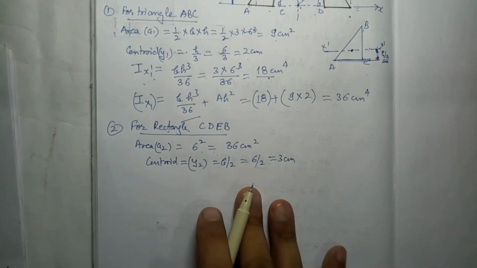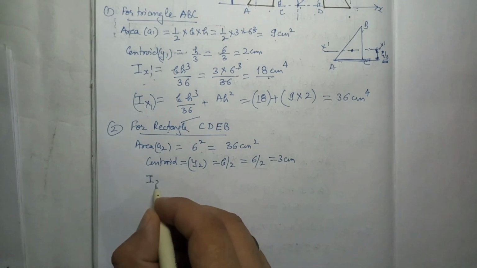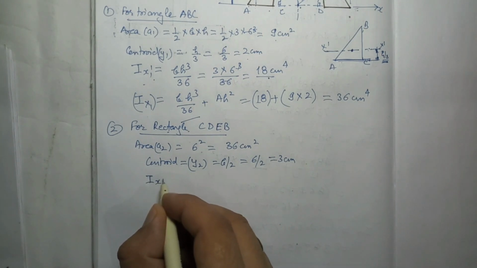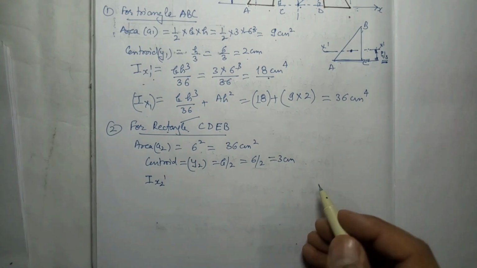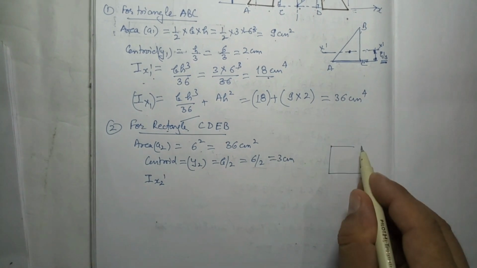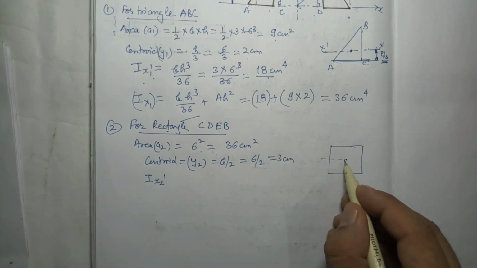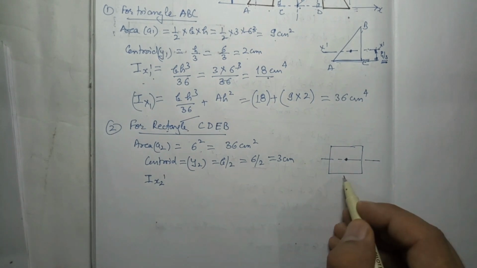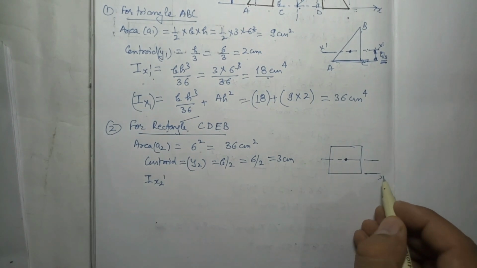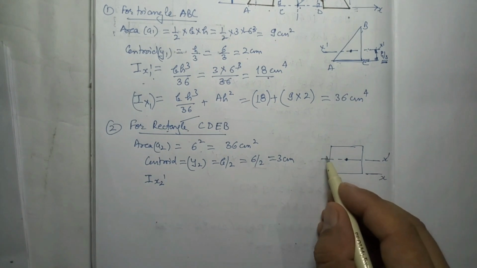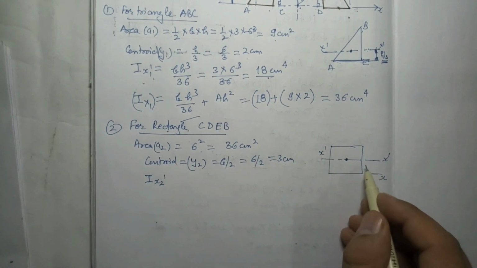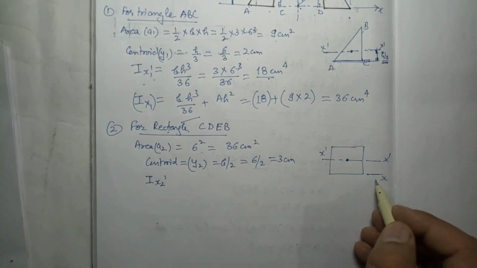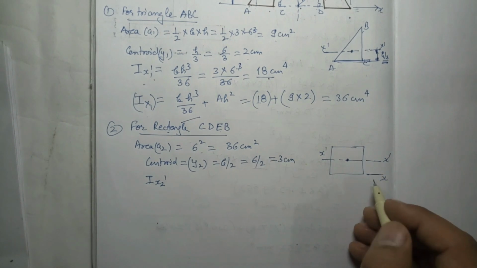Now we will see the moment of inertia for this object about the axis. Now I make the diagram for this. This is the centroid, but we want to find out the moment of inertia about this axis. Means we have the formula directly from the x dash axis, but we want to find out this, so we use the parallel axis theorem.